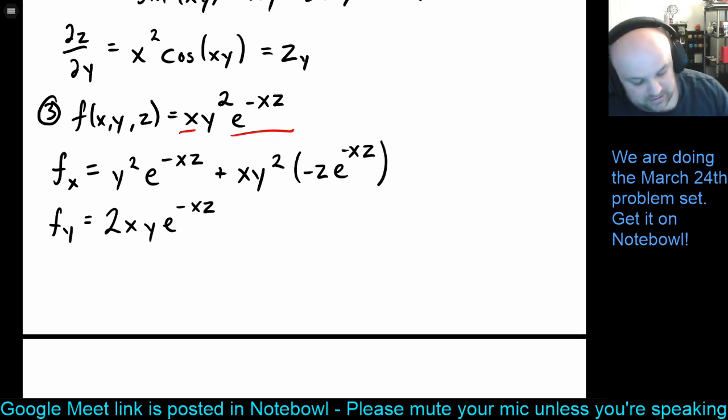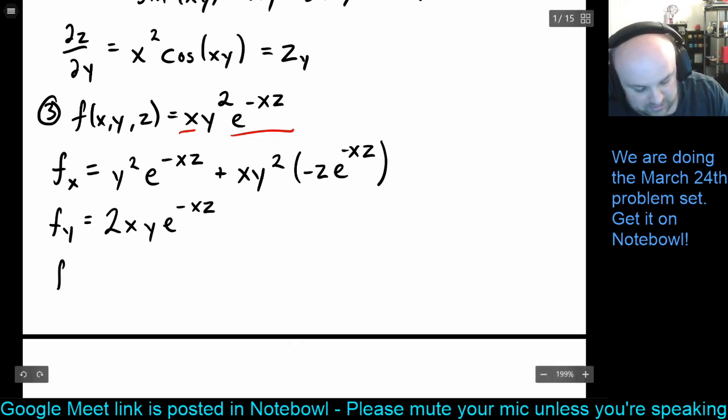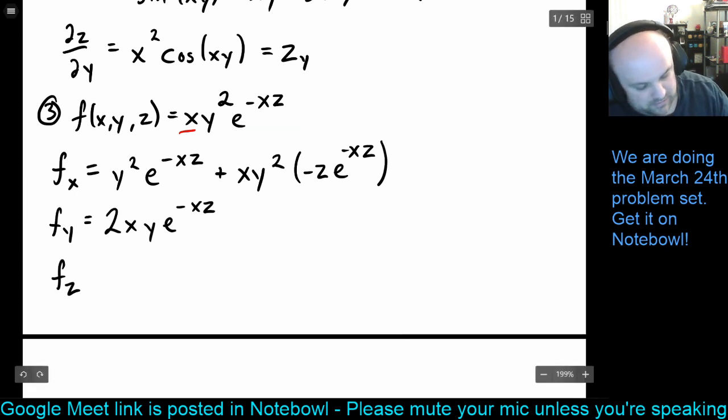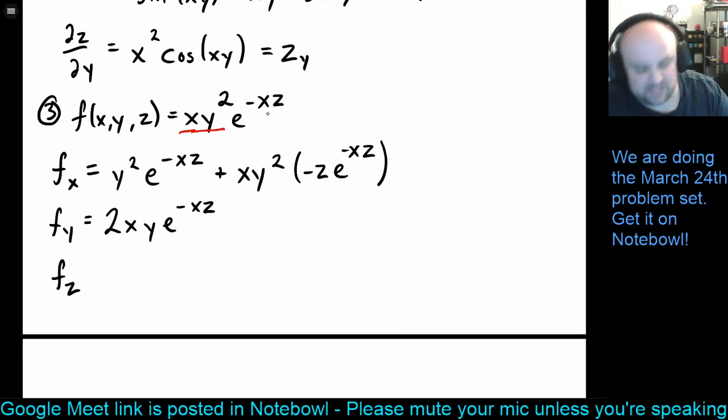All right, and then finally, here we have a third first derivative for z, and pretty similarly, all this stuff is a constant now out front. And so we just have to differentiate the exponential part of it.